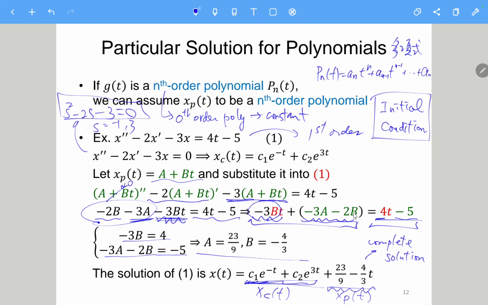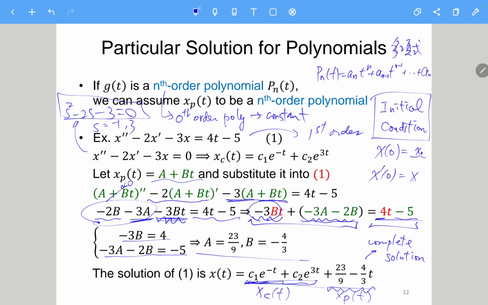And actually for the initial condition, it really means that, for example, if it is a second order ODE, the initial conditions mean we know x of 0 equals a number, maybe 1, 2, or whatever number. Or maybe we also know x prime of 0, which means the first derivative of x and the value there.